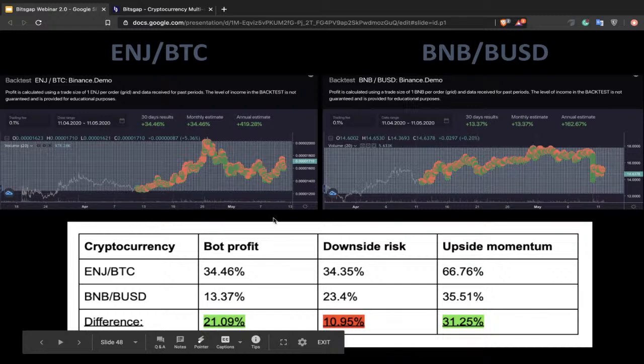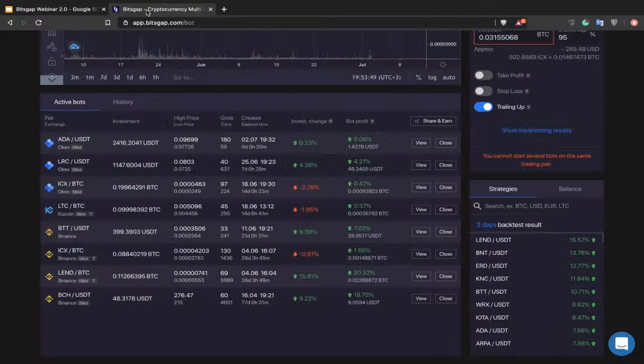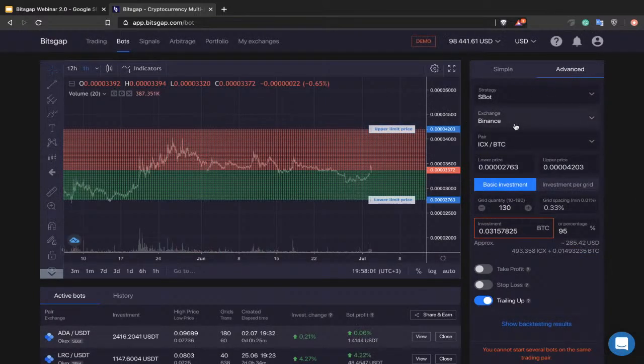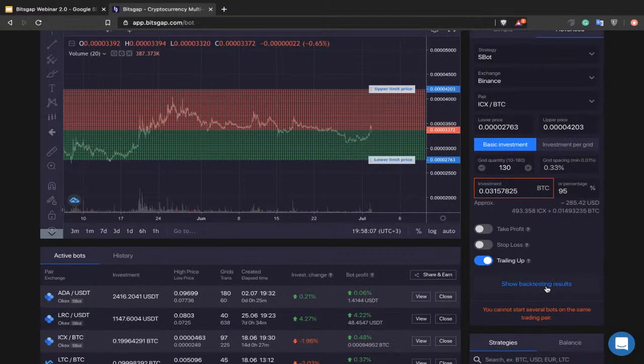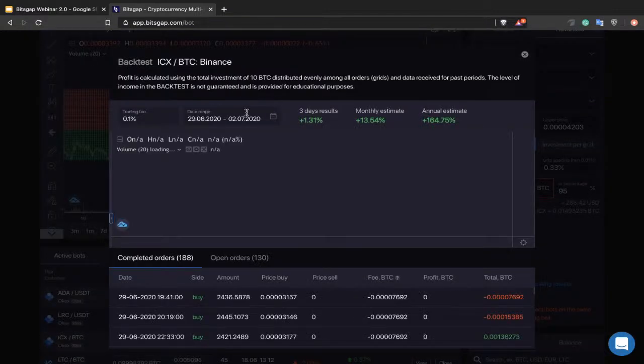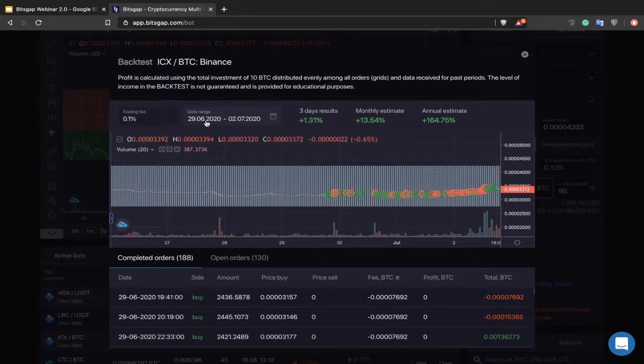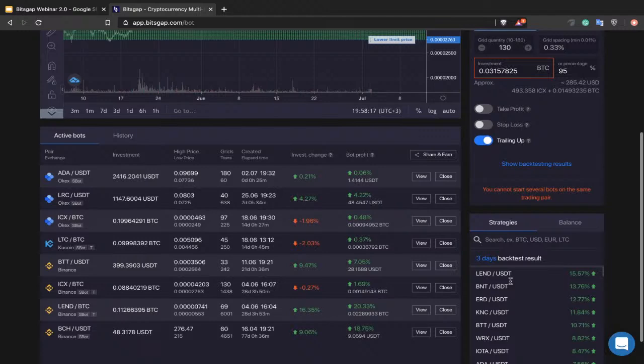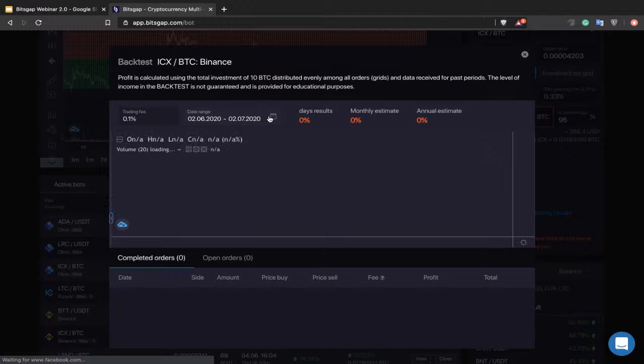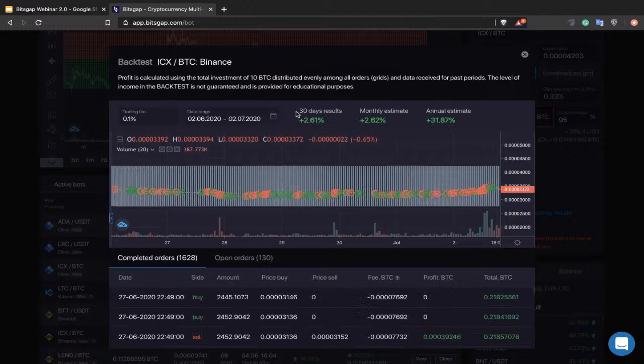All right. So here's how you can use backtesting. To use backtesting, you go to the main page, you go to the advanced section, and as we now have ICX trading to BTC as the chosen cryptocurrency, we can backtest the results for ICX. Automatically, the system takes, in this case, 3 days result, but if I switch to month, in this case, I click once again on backtesting and I get my monthly return.